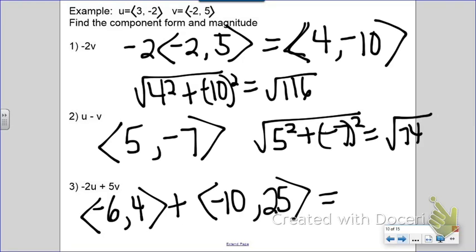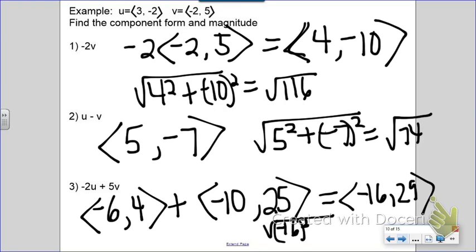Add those together, we get negative 16 and 29. There's our component form. Magnitude is the square root of negative 16 squared plus 29 squared, which is the square root of 1097.